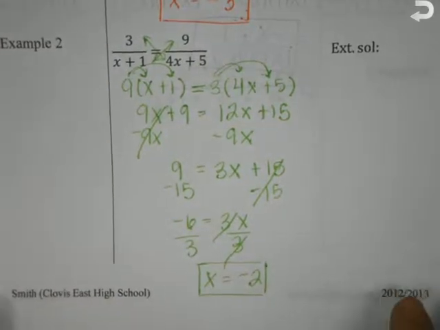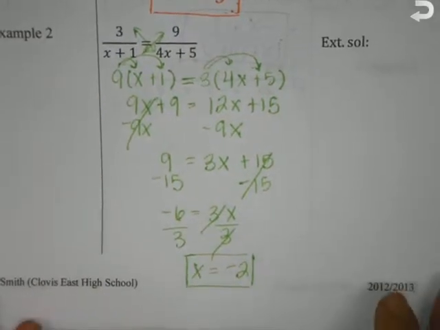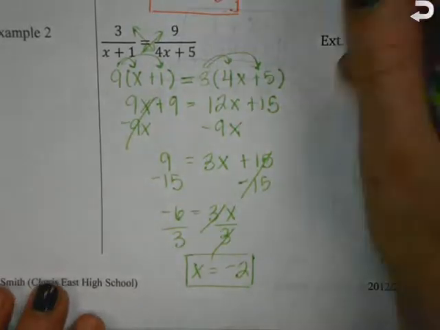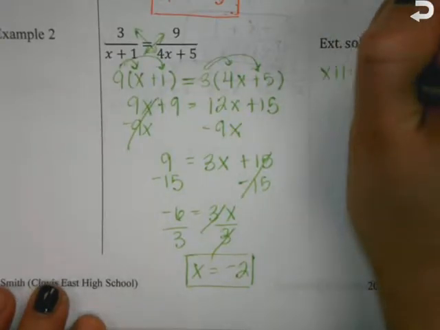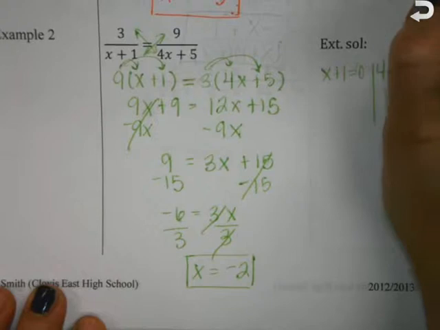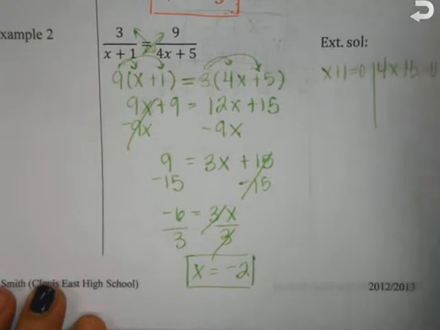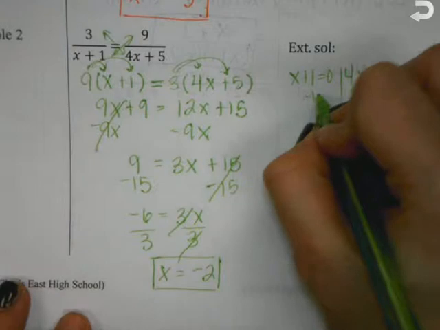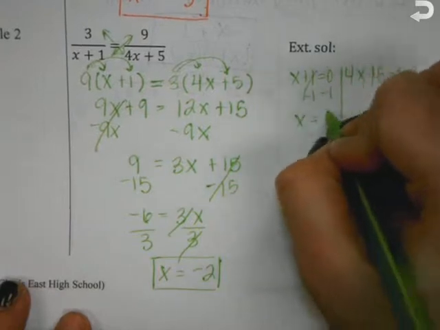So we have to check for extraneous solutions. So I'm going to set x plus 1 equal to 0, and 4x plus 5 equal to 0. That's going to give me x equals negative 1, so x cannot equal negative 1 is one of my extraneous solutions.